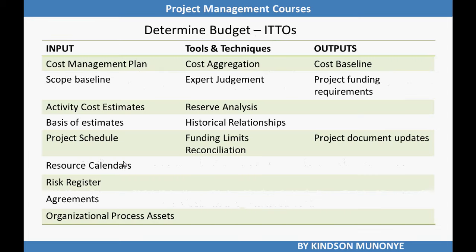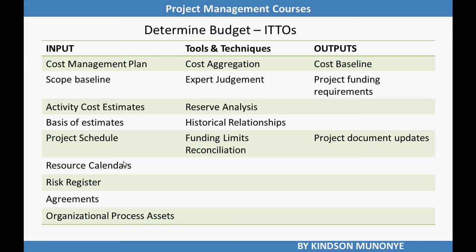Let's look at the key ITTOs of the determine budget process. We have the cost management plan, the scope baseline, the activity cost estimate, the basis of estimates. Remember, the activity cost estimate and basis of estimates are the outputs of the estimate costs process.